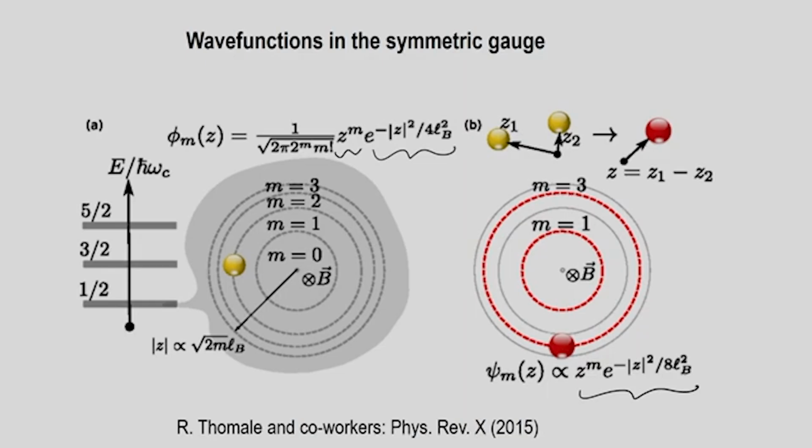So, each of these is characterized by the length, which is given by the mod of z, where z is a complex number, z equal to z1 minus z2, where z1 and z2 are the complex coordinates of two such particles with respect to a chosen origin, and it has a radius which is given by root over 2m into lB.